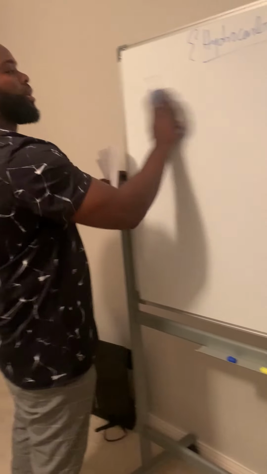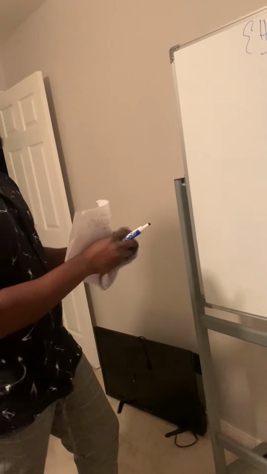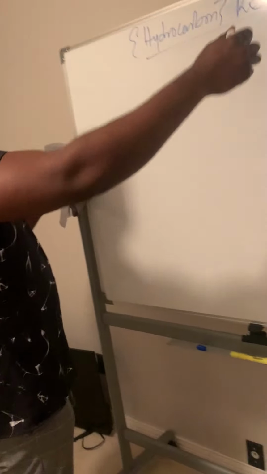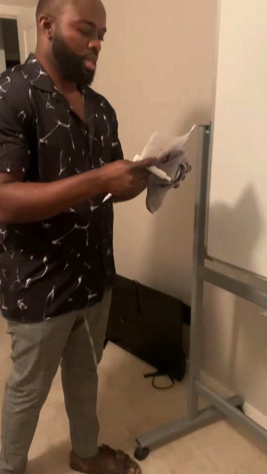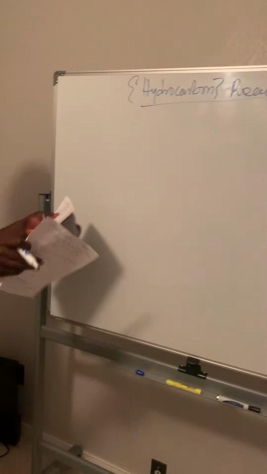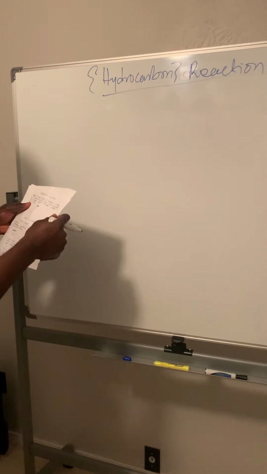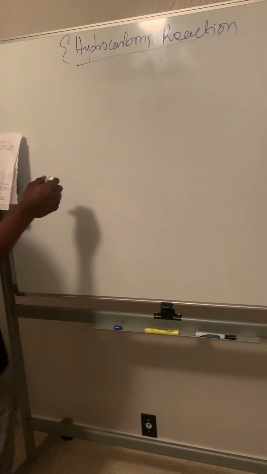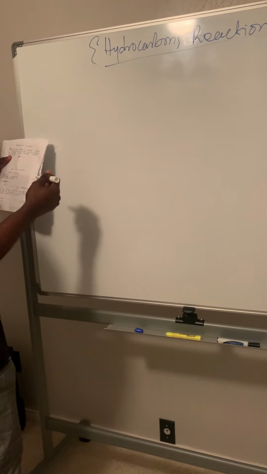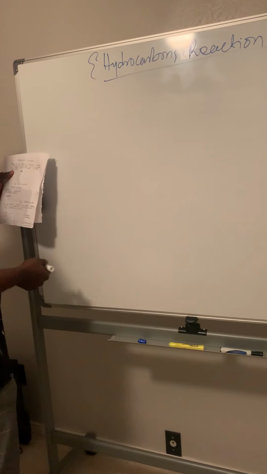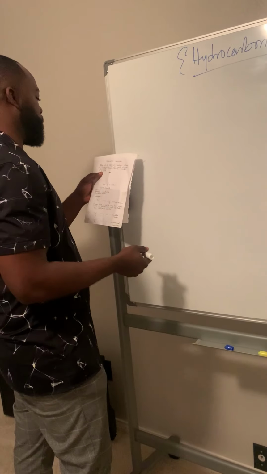So now I'm going to go ahead and explain what a hydrocarbon reaction is. Basically, a hydrocarbon reaction is a chemical reaction where a hydrocarbon reacts with oxygen to create carbon dioxide, water, and heat.